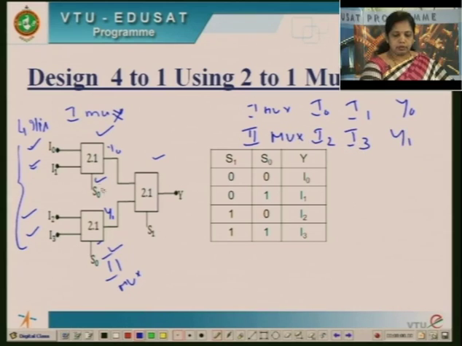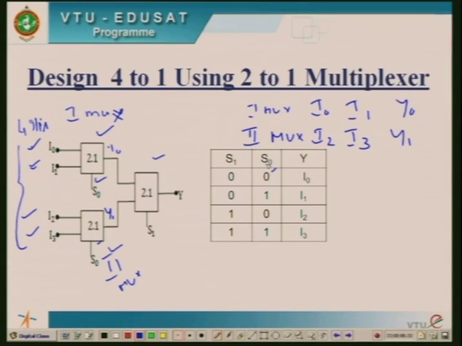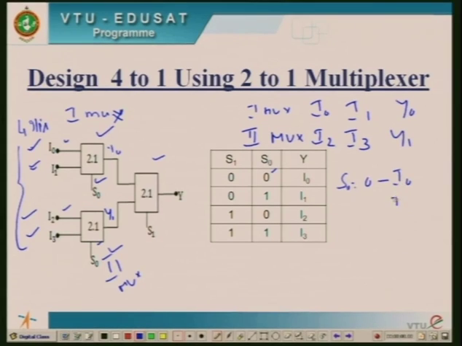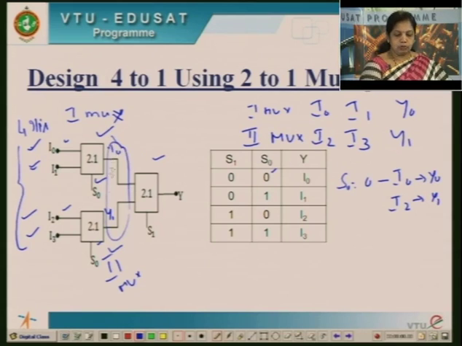So whenever this S0 is 0, so the first 2 lines are selected. So when S0 is 0, you will get I0 and I2 at y0 and y1. So here in this stage you have once again 2 outputs generated from this 2:1 mux.